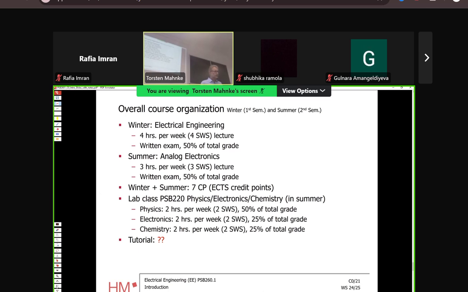Maybe you know already that these 2 semesters go into 1 module grade. 50% is the first semester, 50% is the second semester. You have to pass both exams. You will get separate marks for them, but only if both marks are present in your mark sheet will you get a total mark on this module.